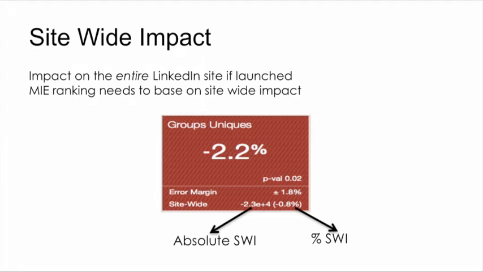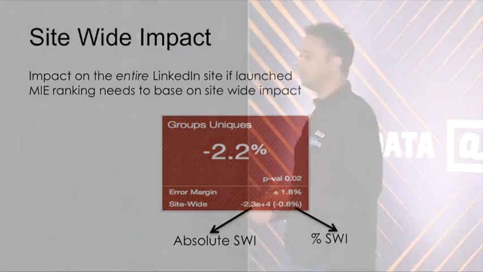One other quick aspect that I want to call out is this thing called site-wide impact. Going back to the previous example, let's say you run an experiment and you have some meaningful metric movement, let's say 10%. But remember, maybe you are in a page that gets very little traffic, or maybe it's a very small bucket.